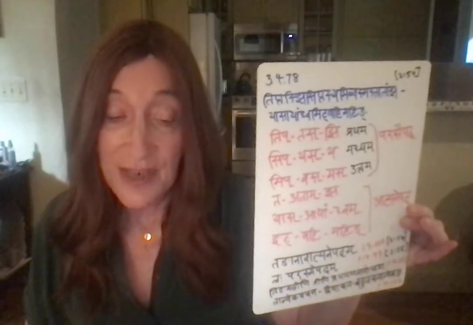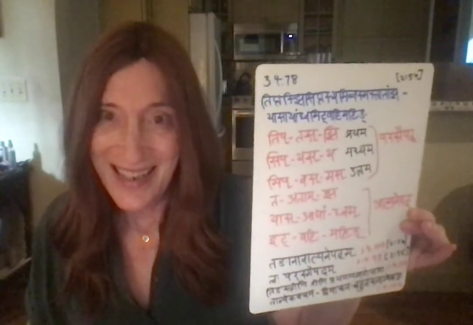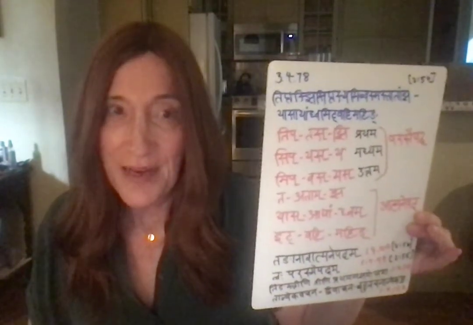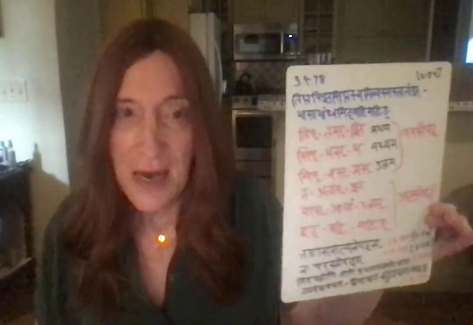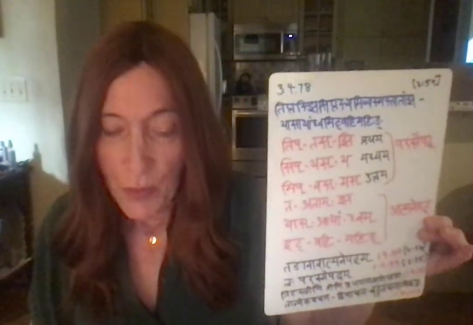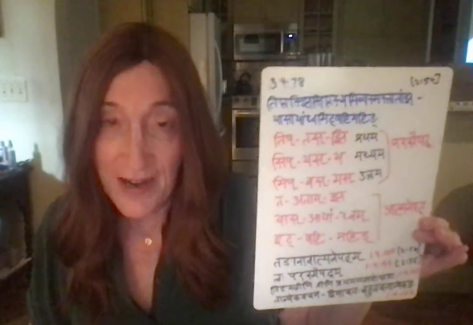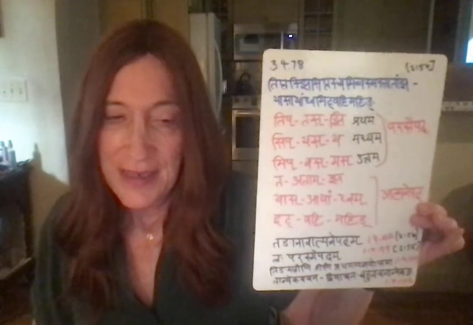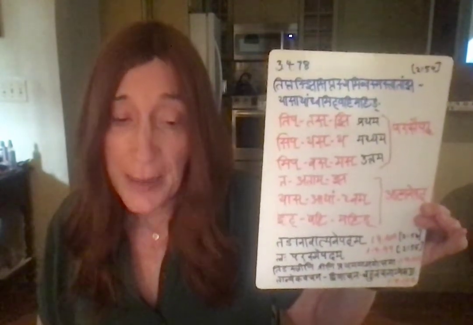Now, what about the other ones? Laf parasmaipadam, 1.4.99, and 2155 in Siddhanta Kaumudi, that means the other ones are parasmaipadam.